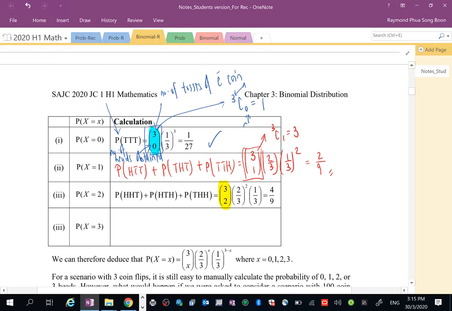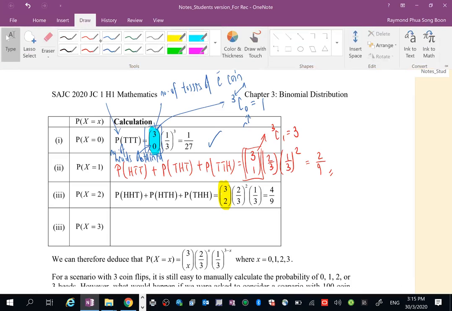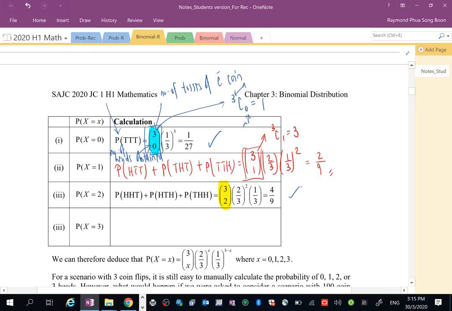So it's 3 choose 2. Then to obtain 2 heads, the probability of obtaining a head is 2/3. Then the probability of obtaining a second head will be times 2/3 again. So it's 2/3 squared. The probability of obtaining a tail is 1/3. Therefore, that's how you get the answer 4/9.